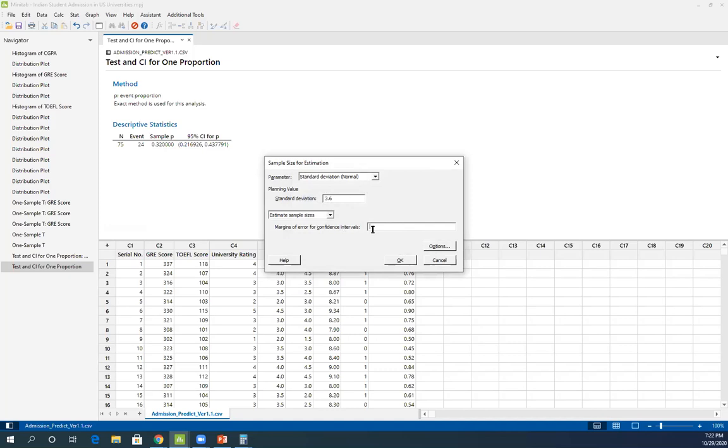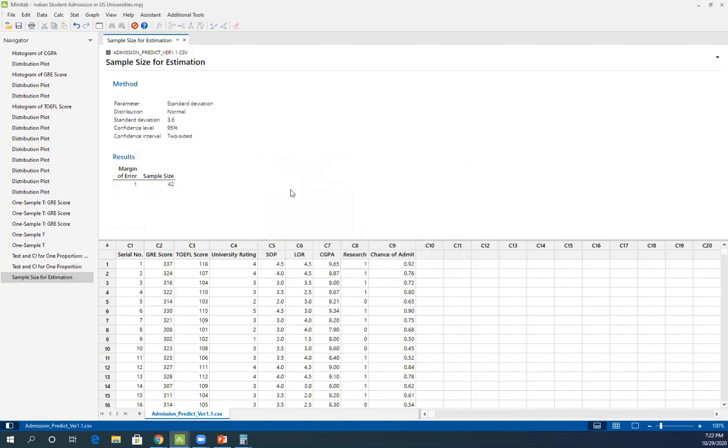Standard deviation 3.6. Margin of error for the confidence interval is 1. So the sample size here, for standard deviation 3.6, confidence level 95, and margin of error 1, would be 42. 42 would be sufficient to do this.